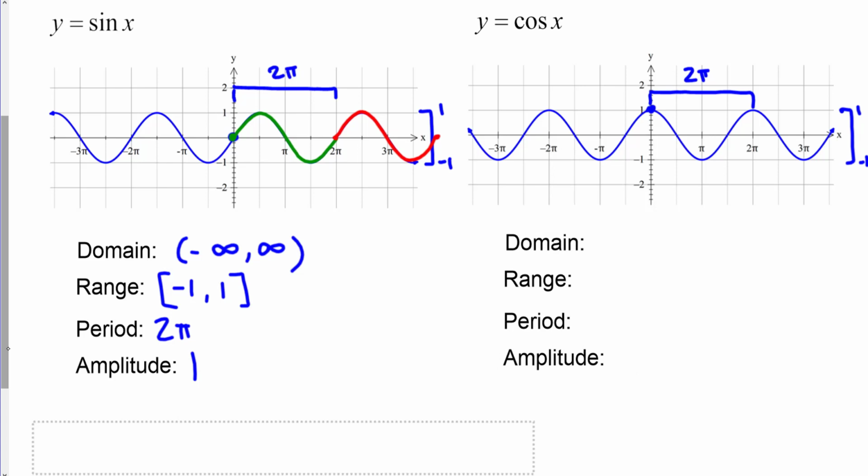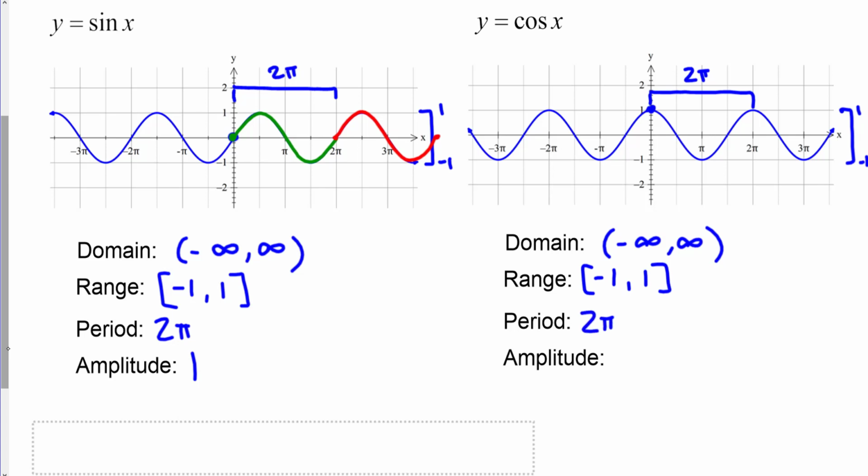Domain and range, which we describe for all functions. The domain of cosine is -infinity to +infinity. Again, there's no number that you can put into the cosine function and result in division by 0. The range also is -1 to +1, because it doesn't go anywhere above 1 or below -1.